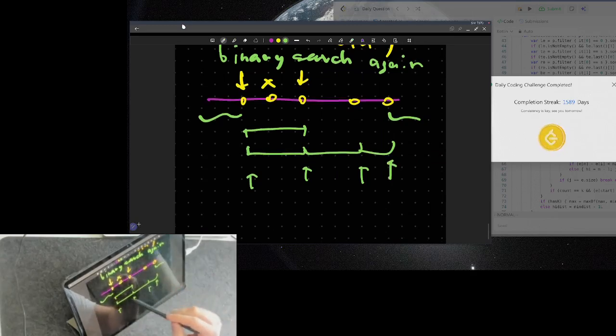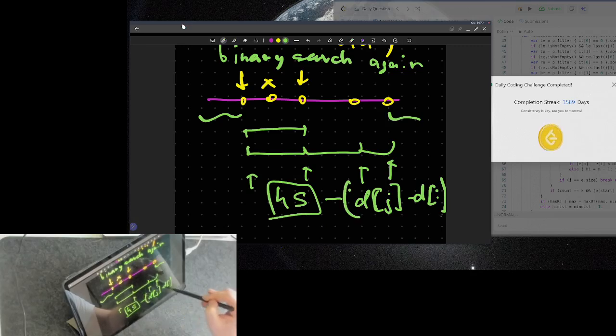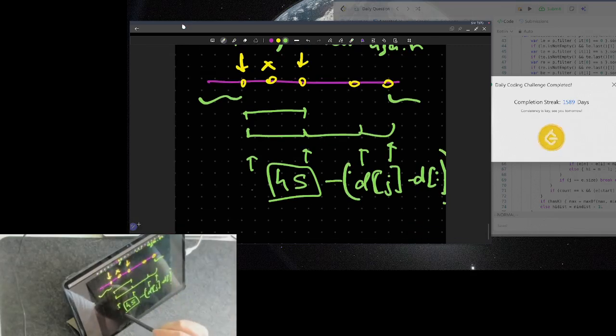This gives you some distance, and you can subtract from the perimeter, which is 4 sides, minus your collected travel distance: distance from the final position J, minus distance from the first position I. So this is like this, and you should check if it is bigger than the allowed distance. So this is a final check.